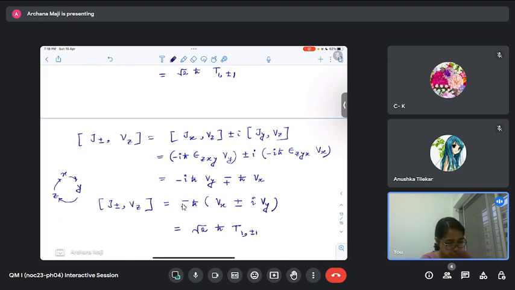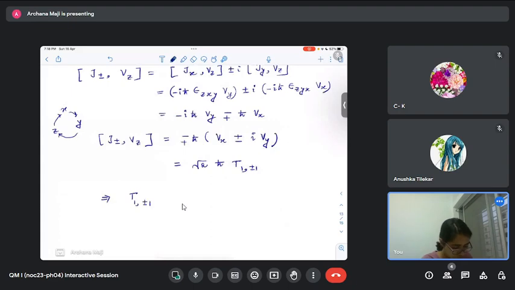Okay, so we can compare these two equations. So this implies T1 plus minus 1 is equal to minus plus 1 over square root 2 times Vx plus minus i Vy. Now this we are going to use.